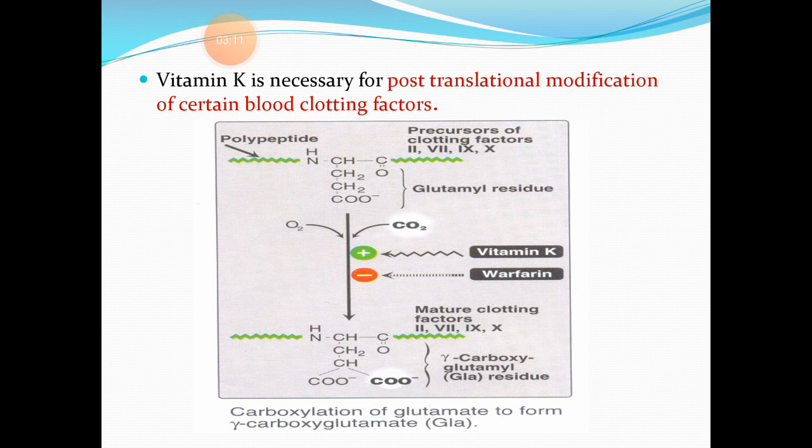These clotting factors are proteins. When these proteins are being synthesized, in the last stage, that is post-translation modification, where they are converted into mature proteins or mature clotting factors, we require vitamin K. If there is vitamin K deficiency, these clotting factors will be in the immature or inactive form, and they won't be functional.